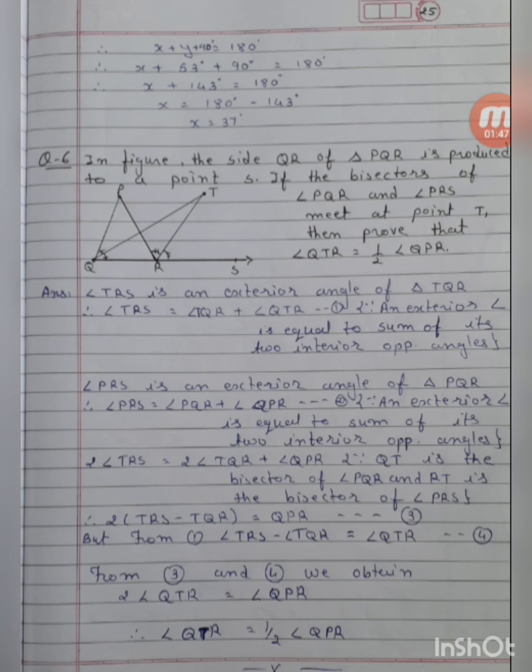Here, first you understand this question, see the figure, and then you have to do the sum. Otherwise, you can't understand this sum. So you read this question two to three times, see the figure and then write the answer.